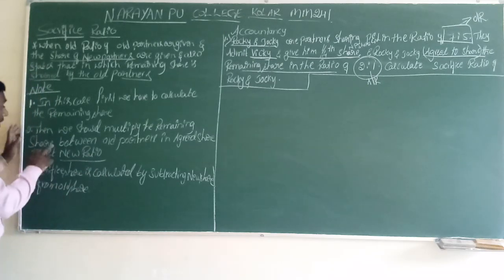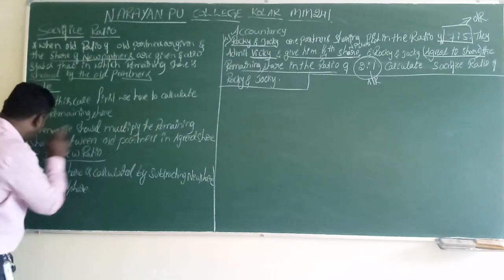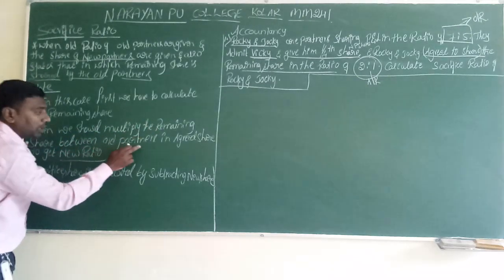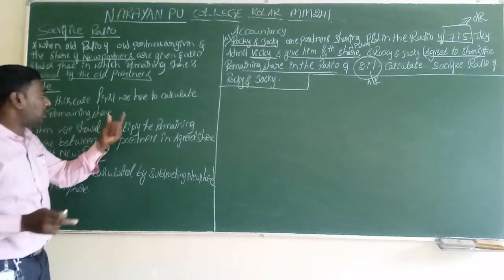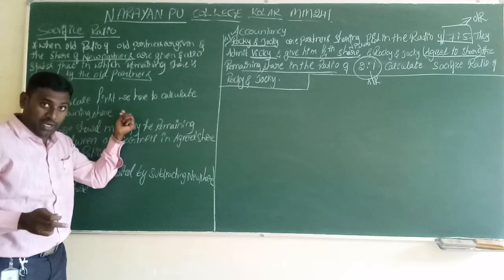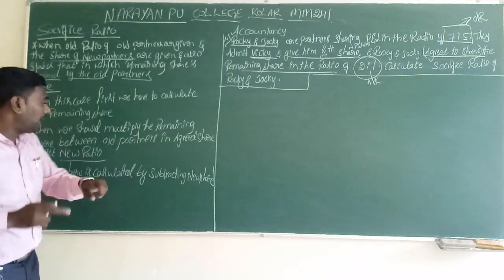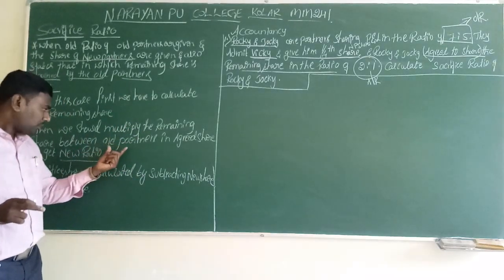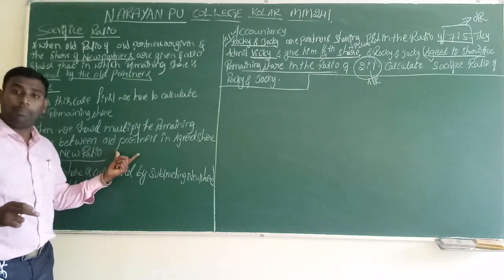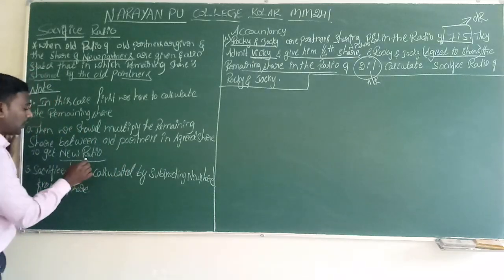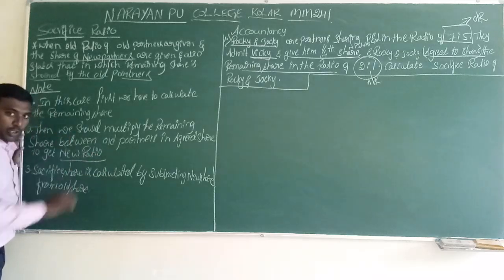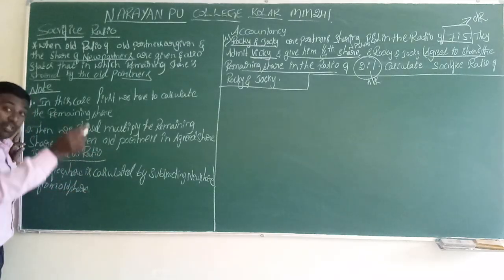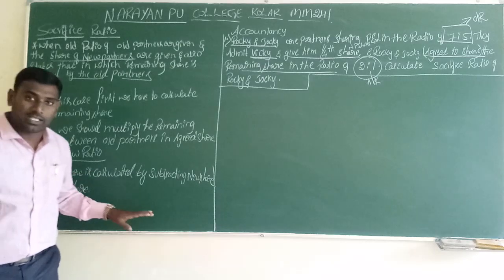Step number 2, multiply the remaining share between the old partners in the agreed share. What remaining share we get in step 1 will be multiplied with the agreed share between the partners, and then we get the new ratio. Step number 3, calculate the sacrifice ratio.